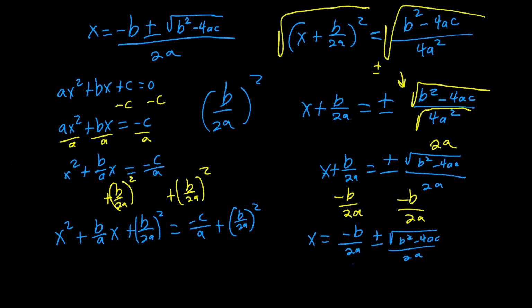And since we have a common denominator, we can combine the numerators and be left with negative b plus or minus the square root of b squared minus 4ac all over 2a.